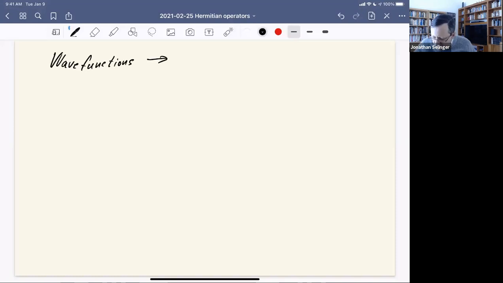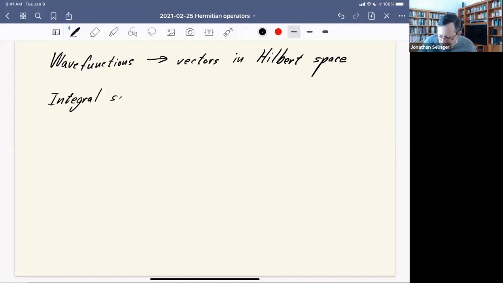Right, so these things are vectors in Hilbert space. And this construction that I was talking about as an integral sandwich is an inner product of vectors.